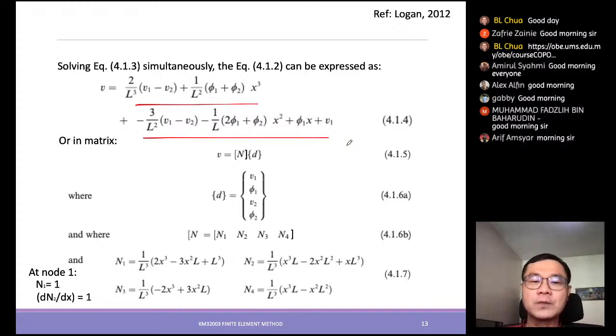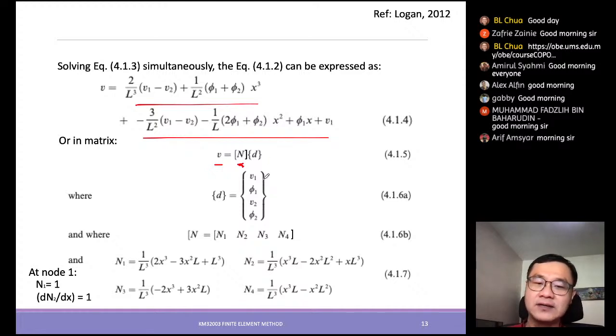Again, you can re-express them in terms of matrices. You have the displacement function v equal to the N matrix multiplied by the displacement parameters at the nodes itself.